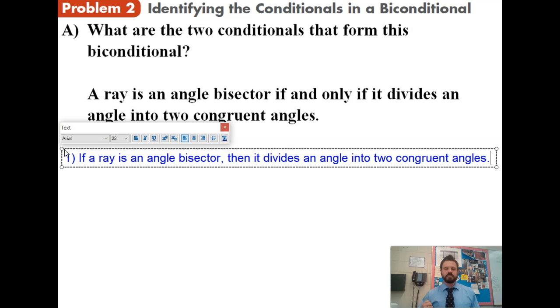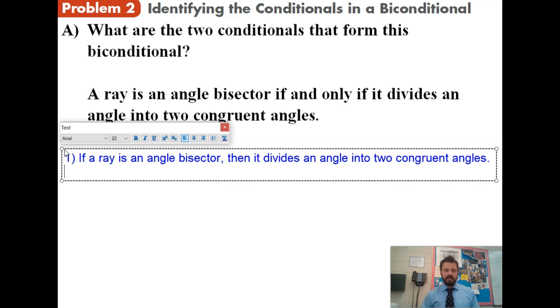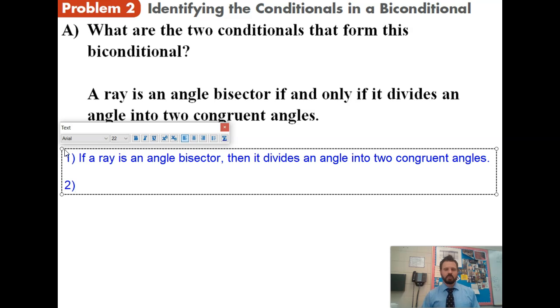Okay, so when I give you this biconditional, that's one of the statements I have. And then the other one would just be the converse of that. If a ray divides an angle into two congruent angles, then we could just say it is an angle bisector.